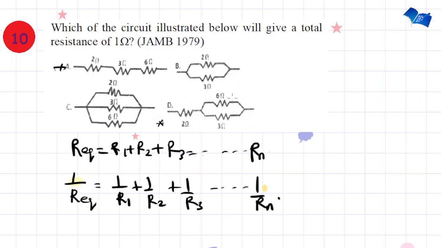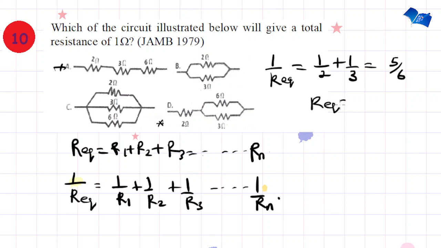Let's take the combination of B. Since it's connected in parallel, 1 over R equivalent is 1 over 2 plus 1 over 3, and this will give us 5 over 6, so R equivalent should give us 6 over 5. This will give us 1.2, which is greater than 1.